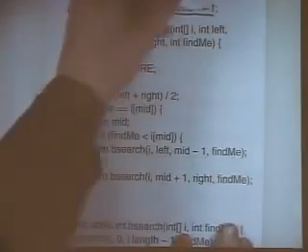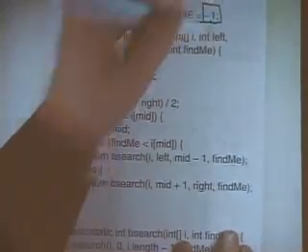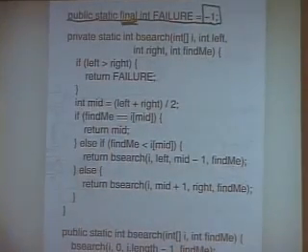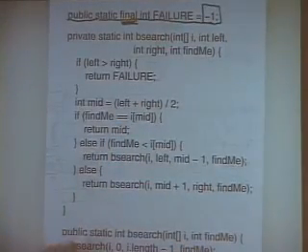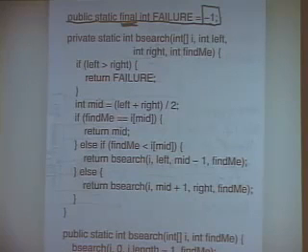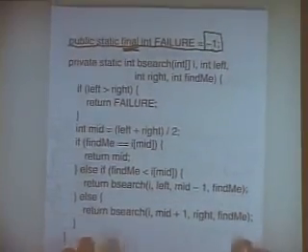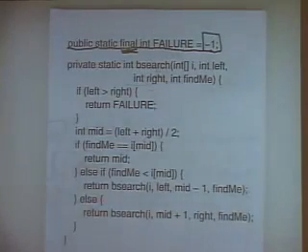And I've set it equal to -1 because no array index can ever be -1. So it seems pretty suitable. Now, there's actually two binary search routines. There's going to be the main one that you call when you want to search a whole array, but there's also another one up here for subarrays that does the recursion for us, because we need to be able to search just part of an array by binary search.